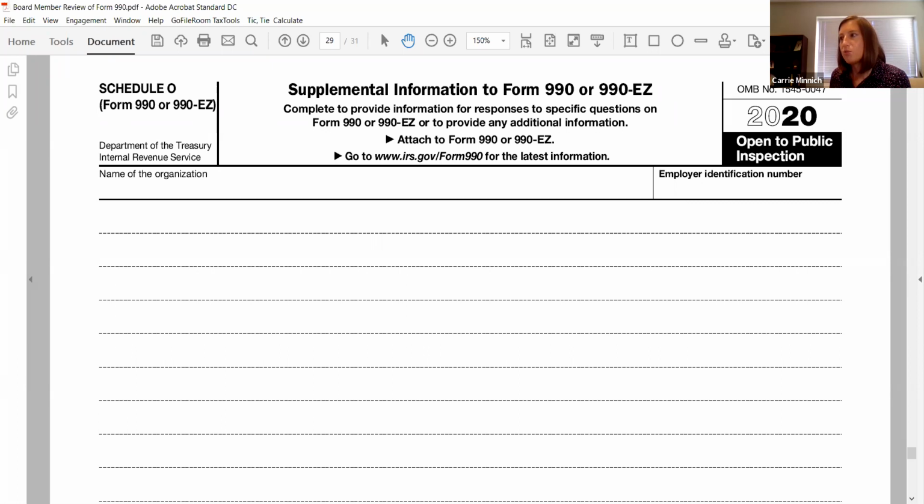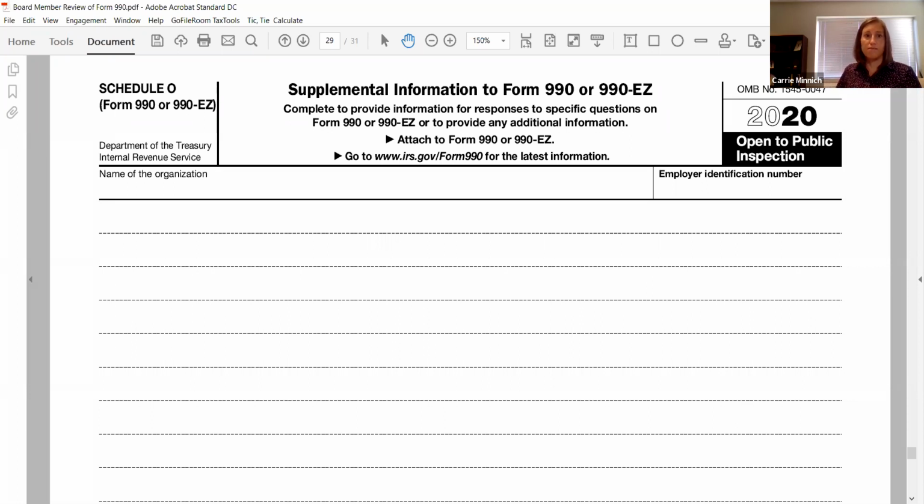The IRS allows exempt organizations to provide any additional information, whether it's required or not. Any additional information that you want the IRS and the reader of this 990 to know, you should be putting on this schedule. Many organizations use this form as the place where they tell their story.